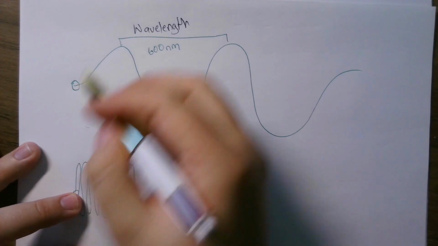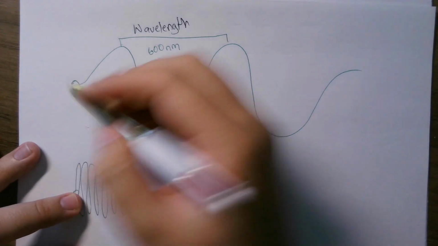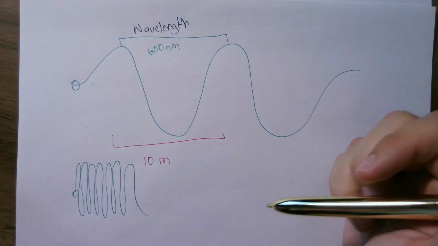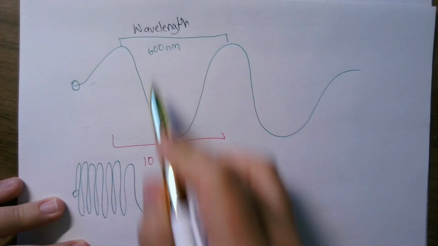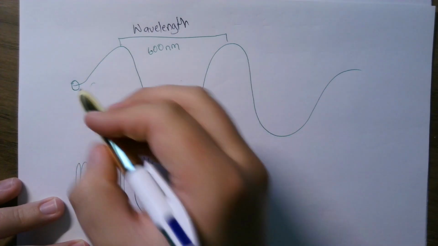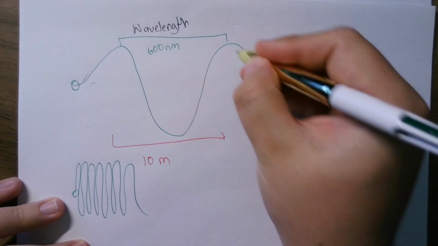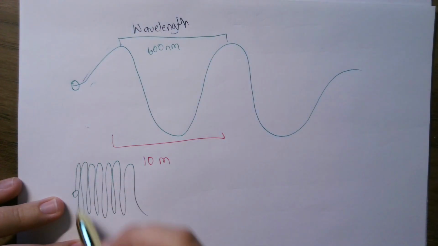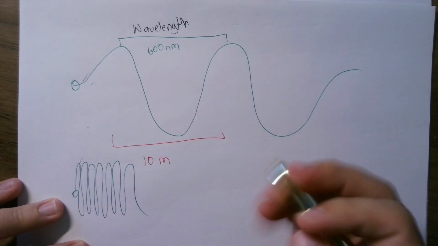Now the frequency is how many waves occur, right? How many total waves do you complete per second? So if you imagine this thing was traveling, that would mean how many times does it go up and down per second. Now if the wavelength is really long, it takes a lot longer for my particle to go all the way up and all the way down. But if your wavelength's really short, you can imagine it's going to go up and down a lot faster.